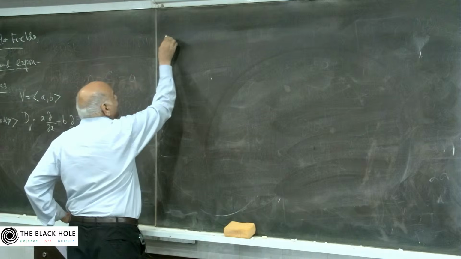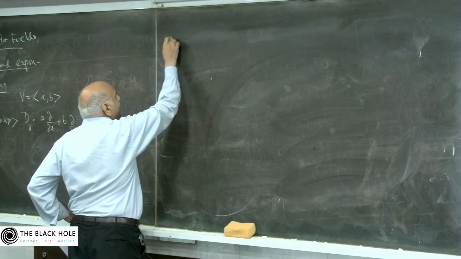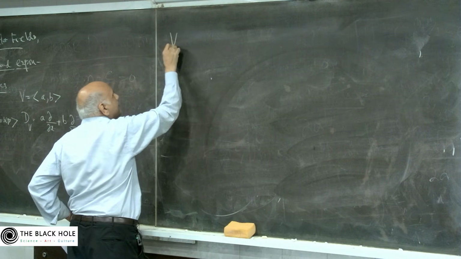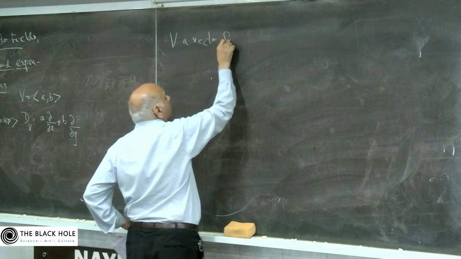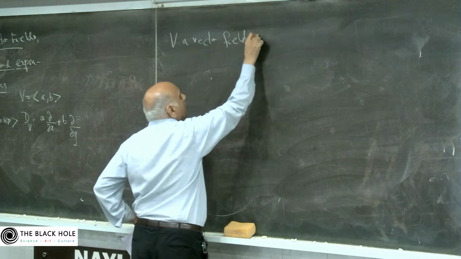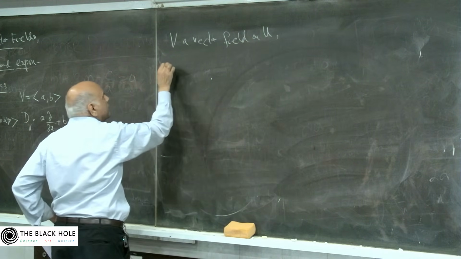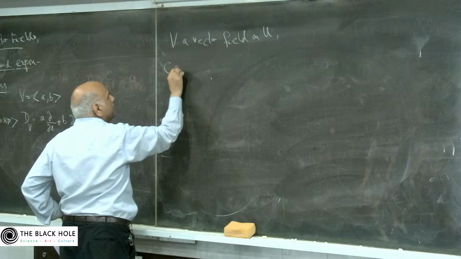But so once again, V is a vector field on U and C is an integral curve.